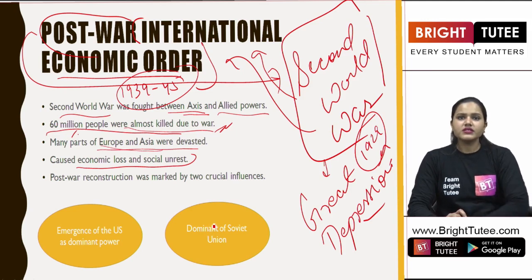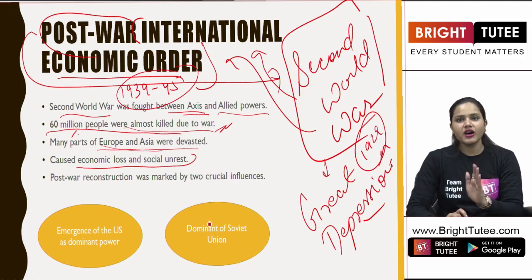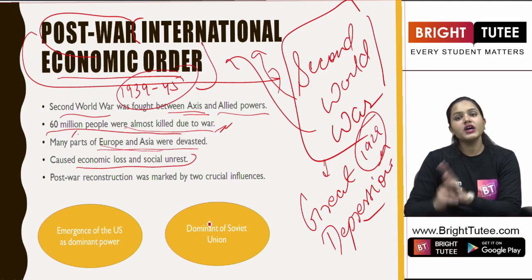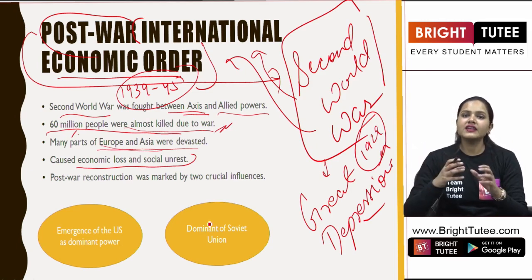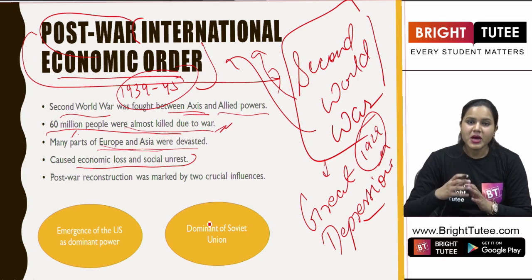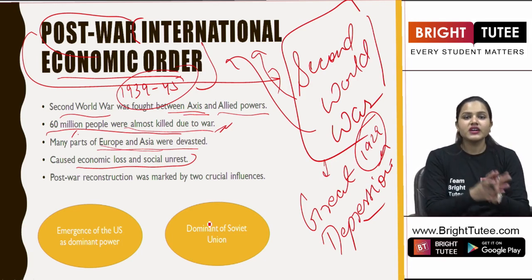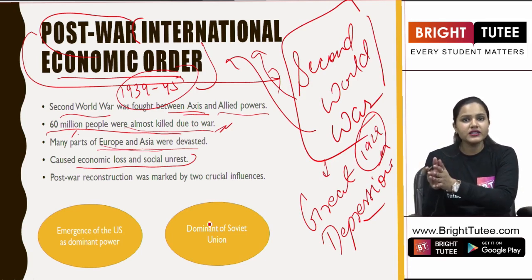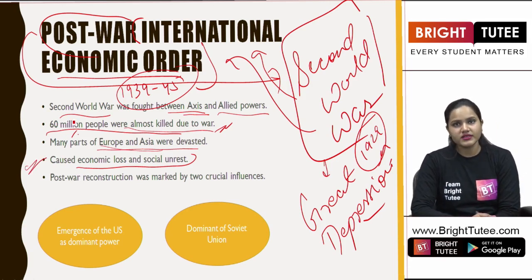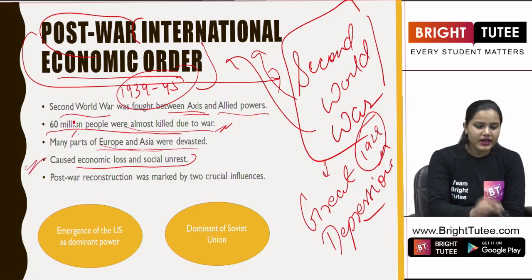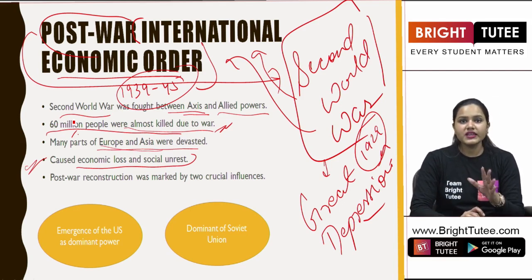Now, students, you have understood by now that whenever we are talking about a war that happened on a large scale, definitely it has some bad repercussions. Be it in economic terms, social terms, political, or when we are talking about the human loss. So here as well, in the Second World War, many people lost their lives.